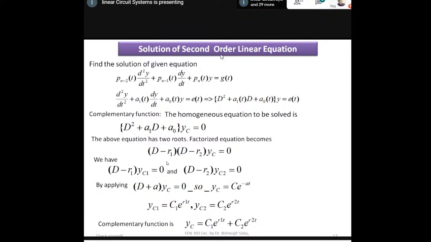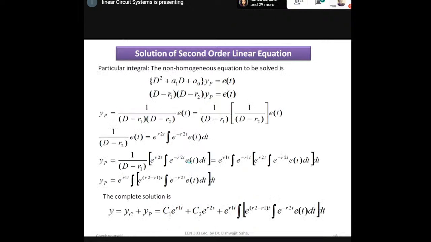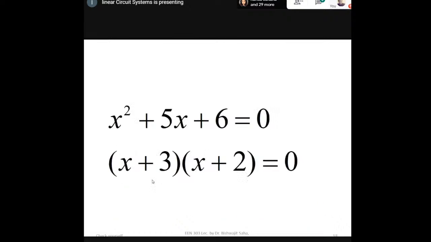R1 means root number 1 and R2 is root number 2. Sir, why is it minus? Okay, I'm explaining. If we look at this equation, what is coming here? x plus 3, x plus 2.